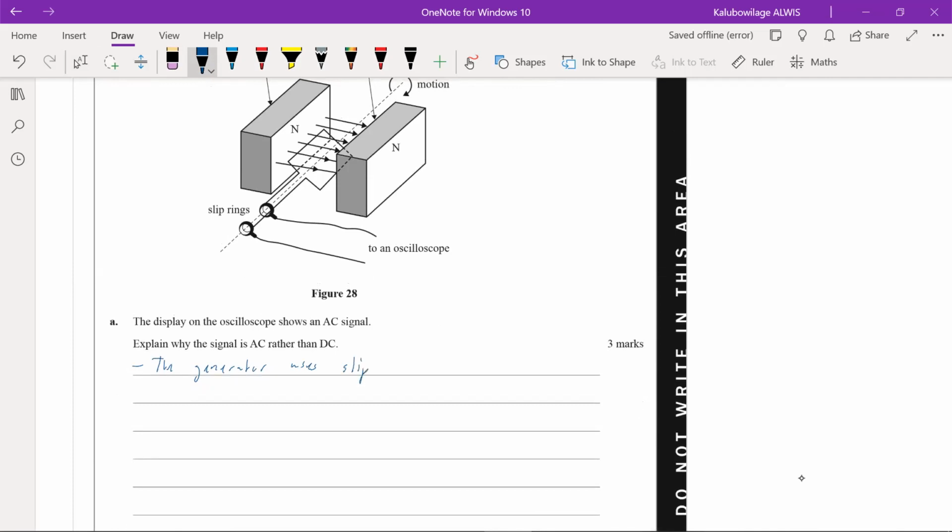It uses slip rings for a constant connection with the coil.